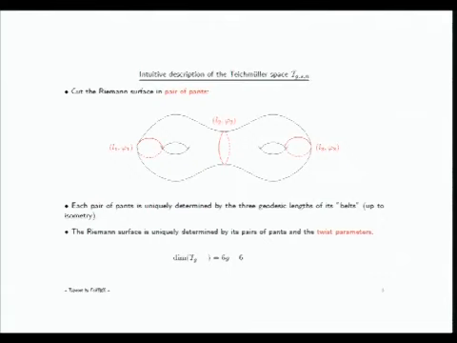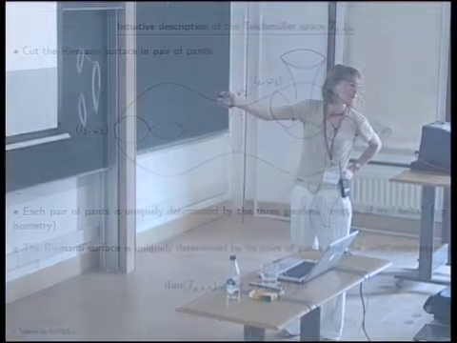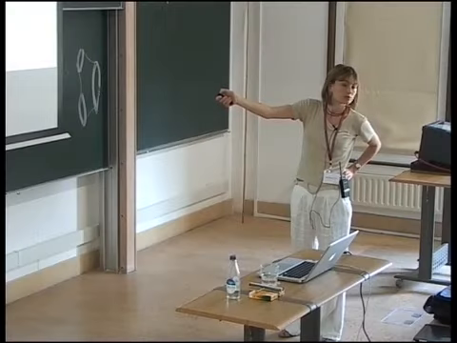And this description generalizes to the case in which we allow holes. So let me just add 1 hole. So what is a hole? It is something we chop off from the Riemann surface this way. And to coordinatize this, I have to add another pair of pants. Yeah? So now I have 3 pairs of pants. One is due to 1, 2, and the 3rd geodesic is the perimeter around the hole.